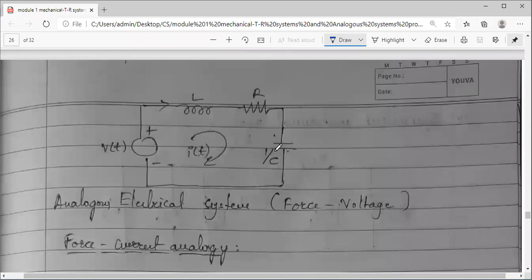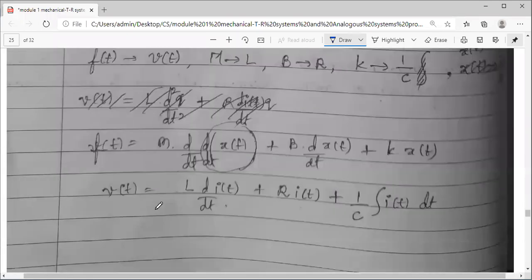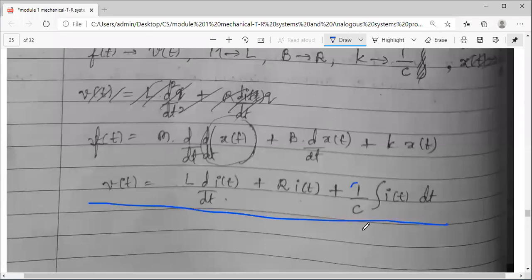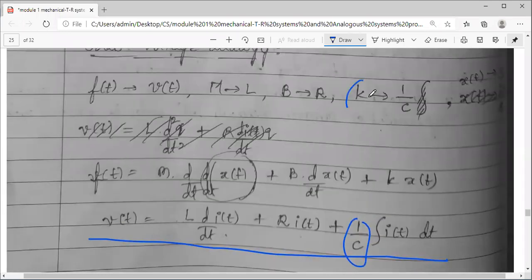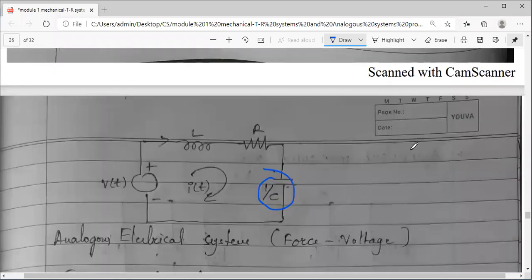When we write and draw the circuit, you can see here I have written 1 by C. Why have I written 1 by C? In the expression you can see I have a term 1 by C, because K was replaced with 1 by C. That's why I had written that. However, you have studied the charging and discharging of a capacitor. You generally write the term C dV by dt, right?